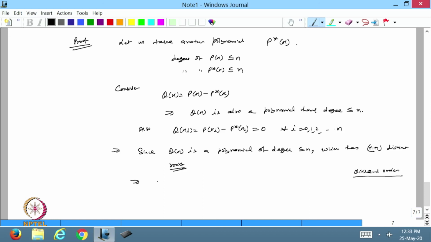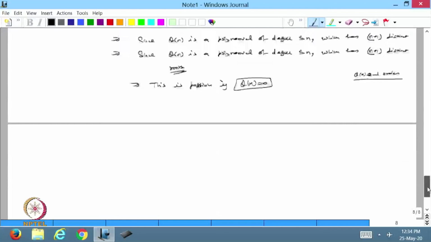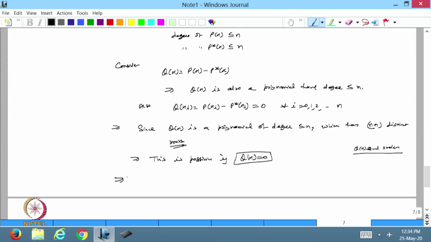which implies that this is possible only if my q x itself is 0. So it is 0 for all values of x, which implies that p x minus p star x will be 0 for all x between x 0 and x n, because I am taking x for all values in the given data.